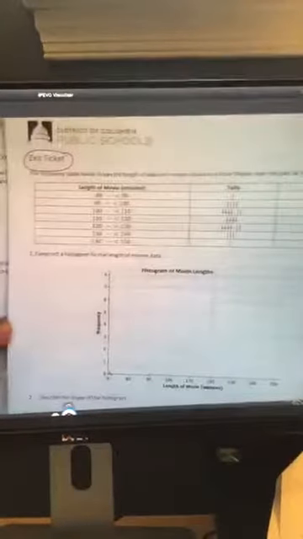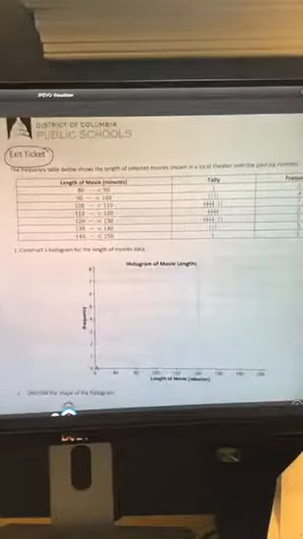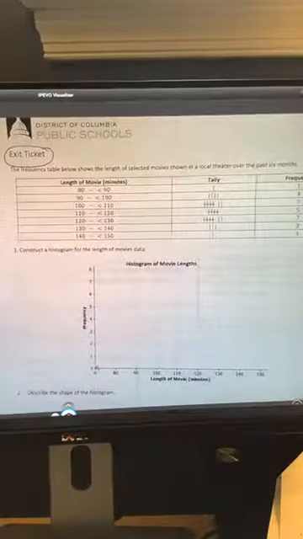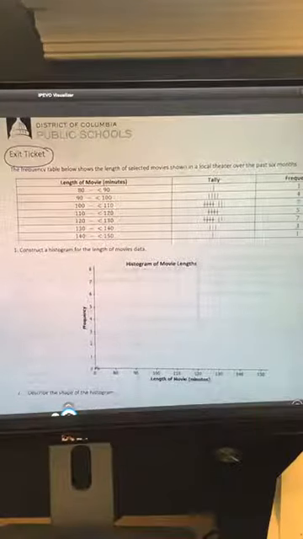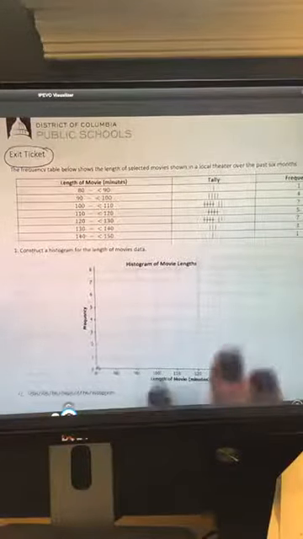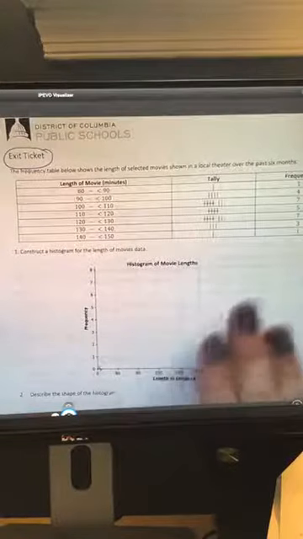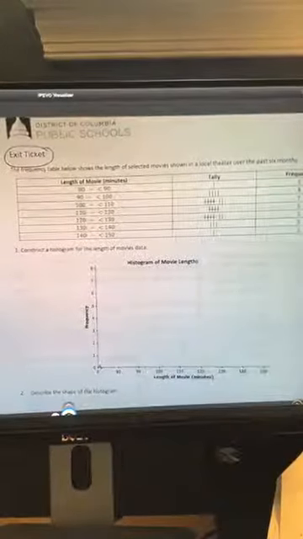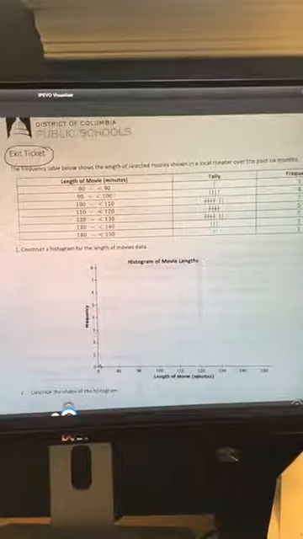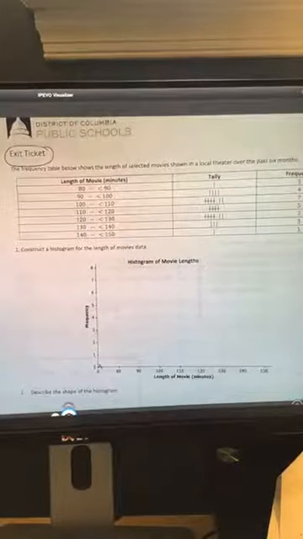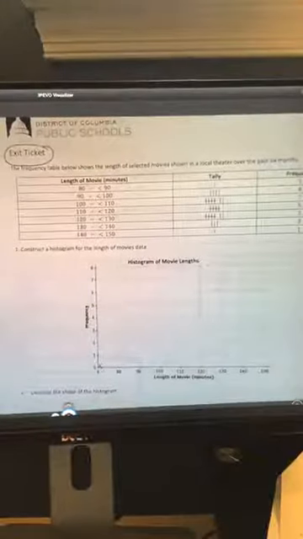In order to make sure you guys are getting credit for your work, there are 2 things you can do. You can either take pictures of your completed pages and send them to me in a DM, and I'll read them and grade them. Or, when you are done with this packet, just make sure you turn it into the school and I'll go pick it up and grade it.